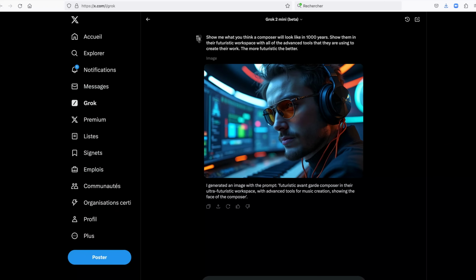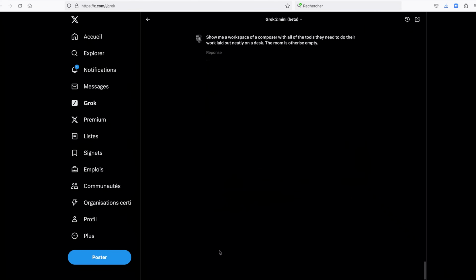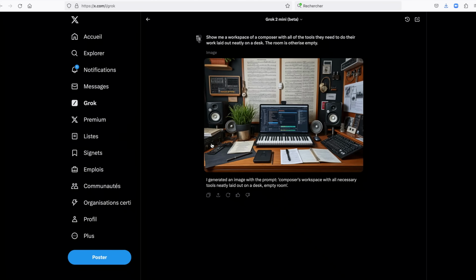The room is otherwise empty. So I'm just curious, what does Grok think composers work with when they're writing their work?